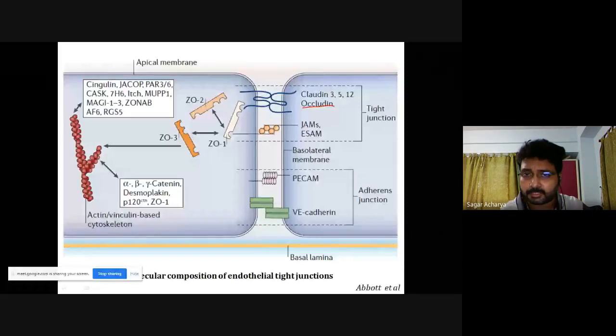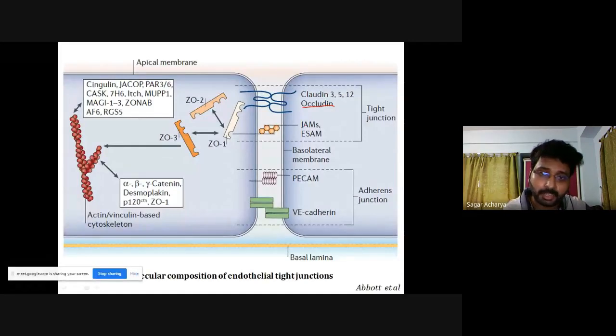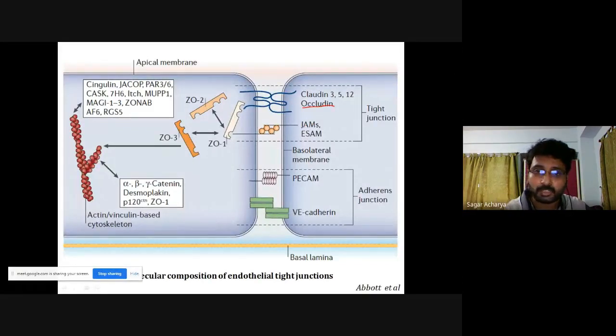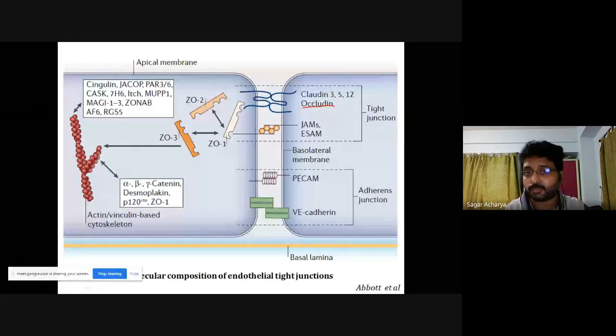So the occludin has a role in calcium influx, and calcium is very important, because within the brain system, any impulse coming to the axonal end opens the calcium channel.